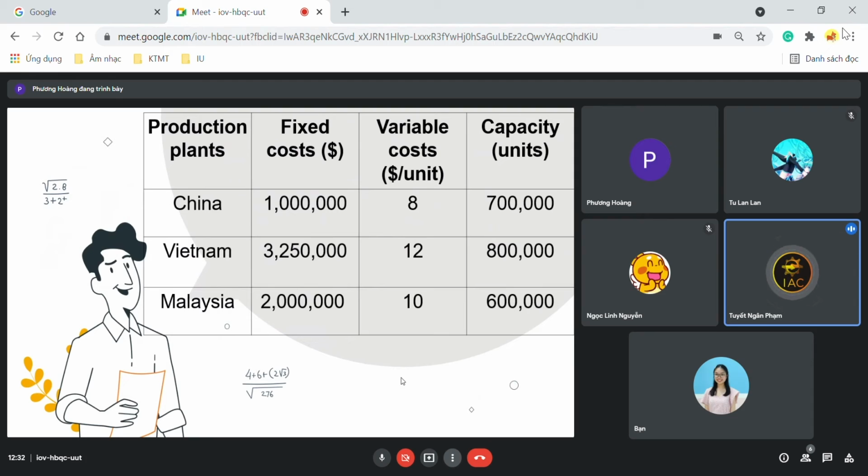The variable costs are $8 per unit for China, $12 per unit for Vietnam, and $10 per unit for Malaysia. And their capacities are also different. That is 700,000 units for China, 800,000 for Vietnam, and the last one is 600,000 for Malaysia.